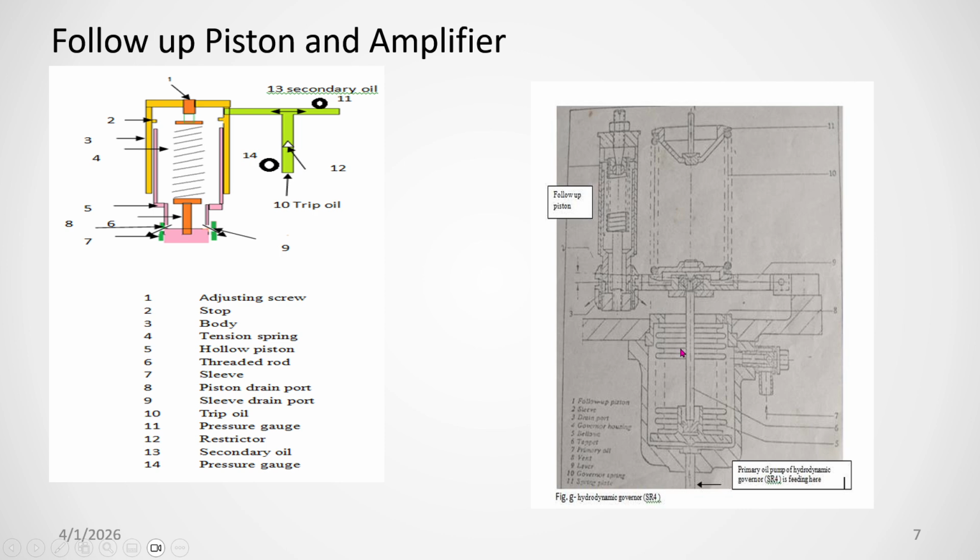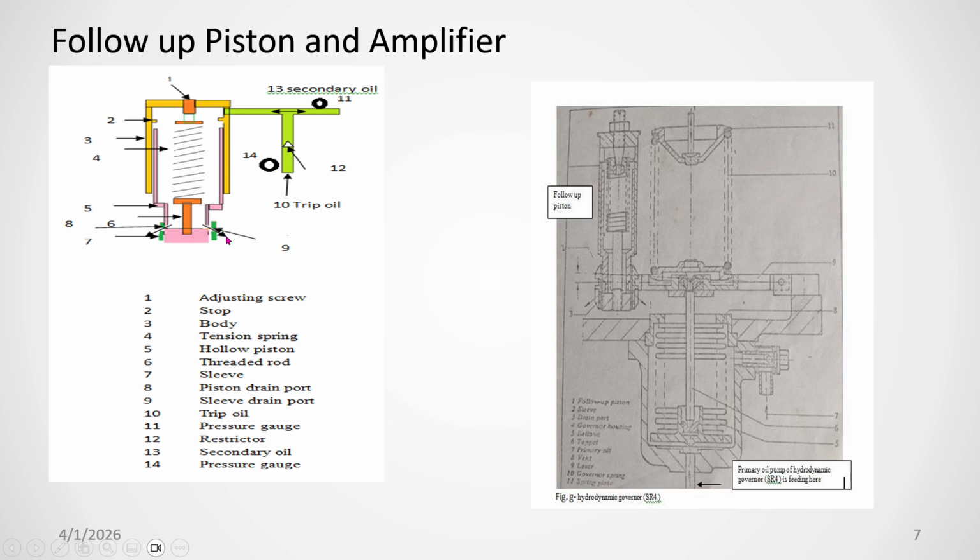This is the hydrodynamic governing system. Here, the primary oil pump pressure will develop as per the RPM of this turbine, and that oil pressure will act above the bellow. This will push this piston upward and downward against the spring force, and it is mounted with the sleeve.